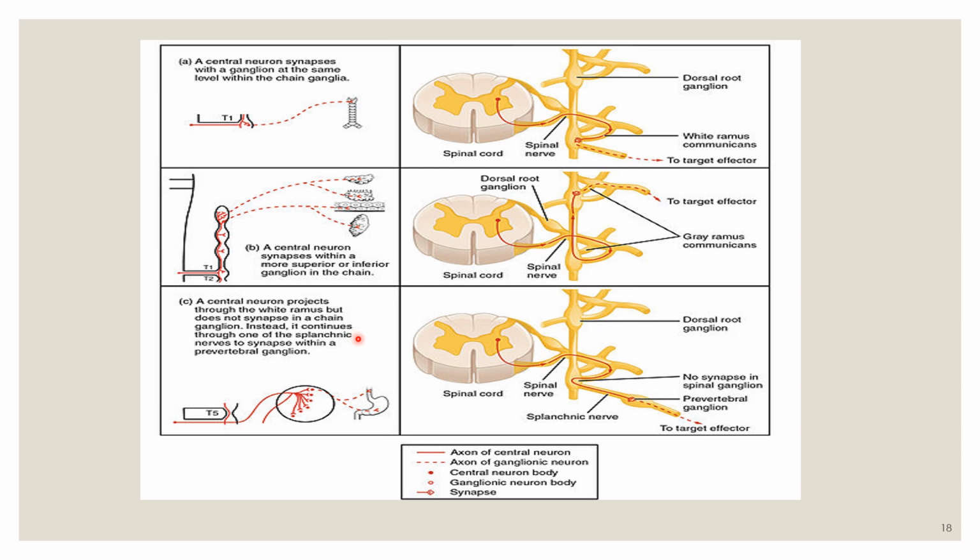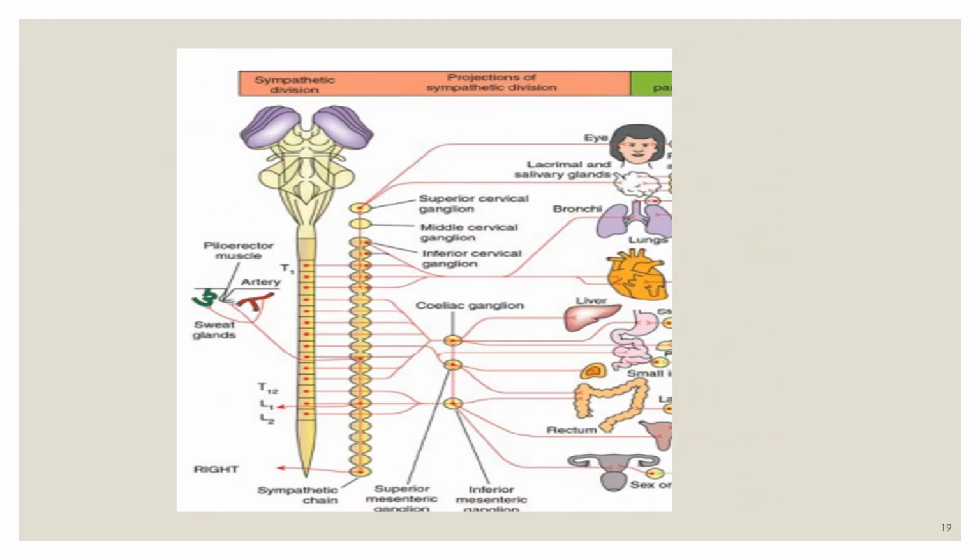It will go from para to prevertebral ganglia, like this. When coming to the adrenal medulla, it goes up to the adrenal medulla. So this is the sympathetic division and projections of the sympathetic division.